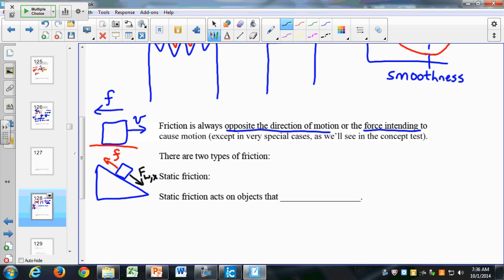All right. We're going to talk about two types of friction. Static friction acts on objects that are stationary. That'll be in contrast to kinetic friction, which we'll see acts on objects that are moving.